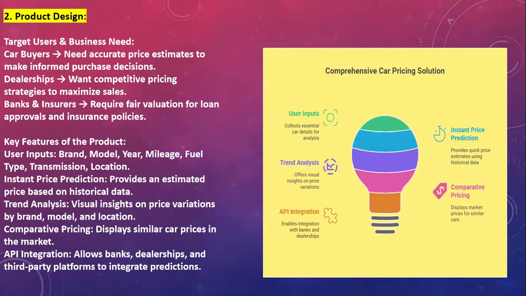Then instant price prediction. It will provide an estimated price based on the historical data, because we are feeding the historical data to the model and it will predict on our data. And the trend analysis. It will give visualized insights on price variations based on features like brand, model, and location.